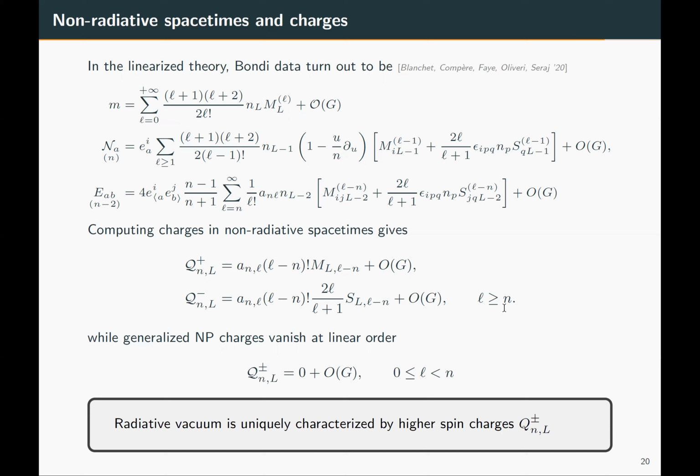This is for L larger than N. For L less than N, the charges are 0 at linear order. This set corresponds to the generalized Newman-Penrose charges, which turn out to be zero in the linear theory, but if you take nonlinear interactions into account, then perhaps they are non-zero. This is something that we want to compute later. But what we see here is that a radiative vacuum is uniquely characterized by these higher spin charges, Q plus-minus NL.